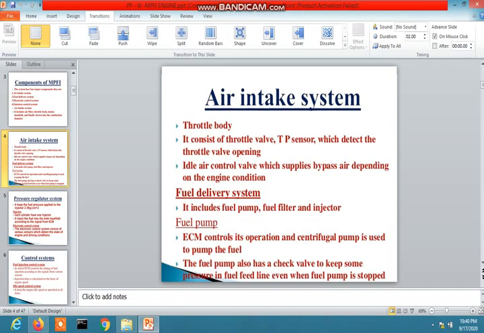Now, the fuel delivery system also includes the fuel pump, fuel filter, and injector. The fuel pump is controlled by the ECM, and a centrifugal pump is used to pump the fuel.